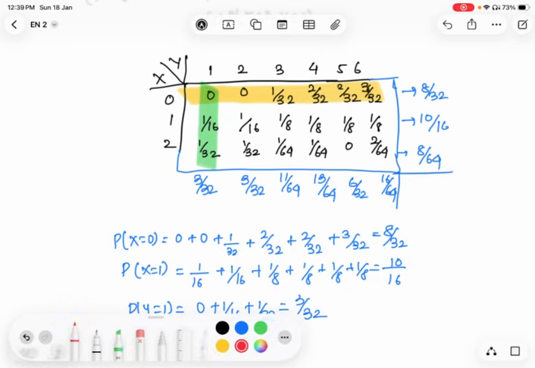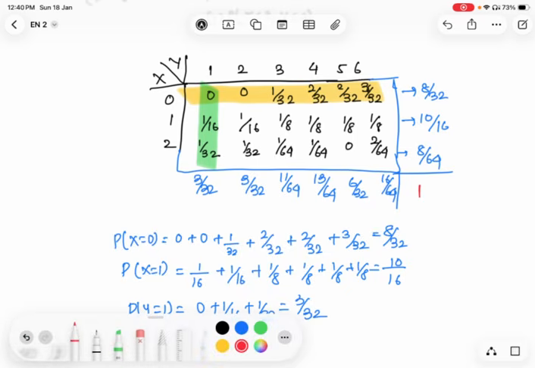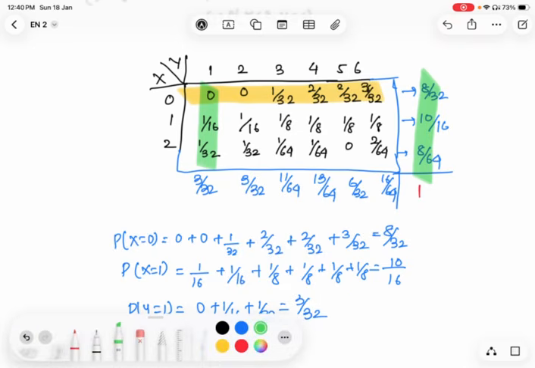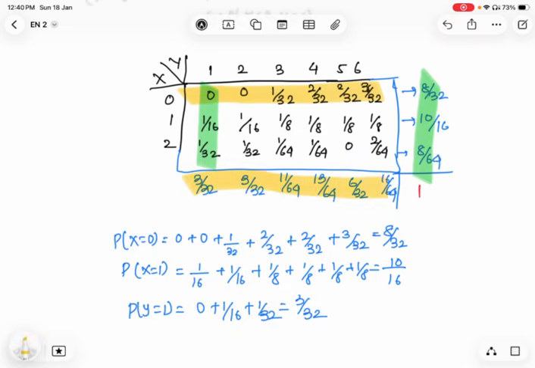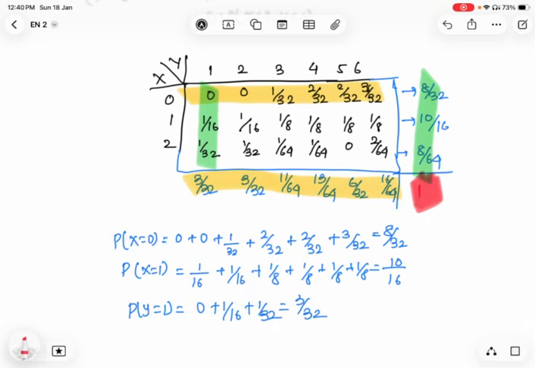How will you know that this is correct? Sometimes it is quite possible that the summation would be wrong. So whenever you do this, the summation of all these and all this should be equal to 1. Whenever you add these, the solution will be 1.